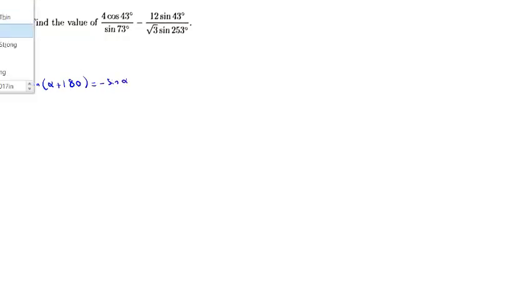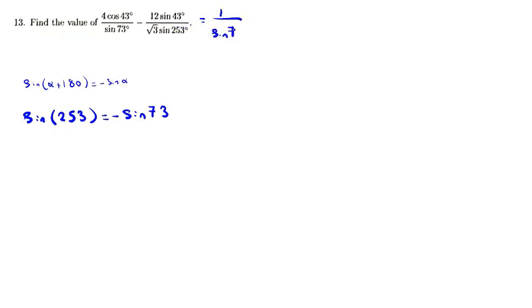So sine 253 equals negative sine of this minus 180, which will be 73. Now, if we replace here, then both denominators have sine 73.